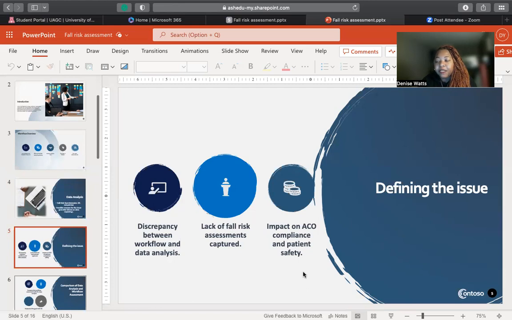This discrepancy suggests that fall risk assessments are not consistently being performed during patient encounters, which poses a risk to patient safety and puts the clinic at risk for non-compliance with the ACO quality measures.